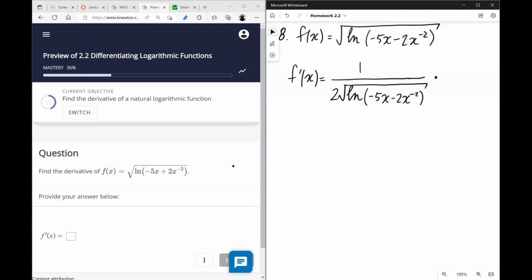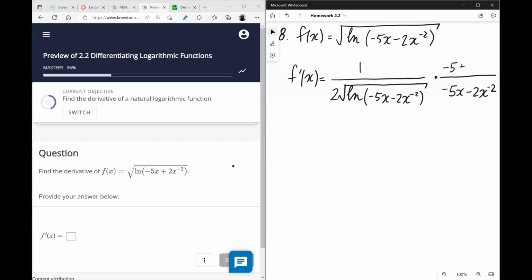Now we're going to multiply everything by the derivative of ln, which is the reciprocal of the input. But because it's a chain rule, we're going to multiply by the derivative of the input in the numerator.